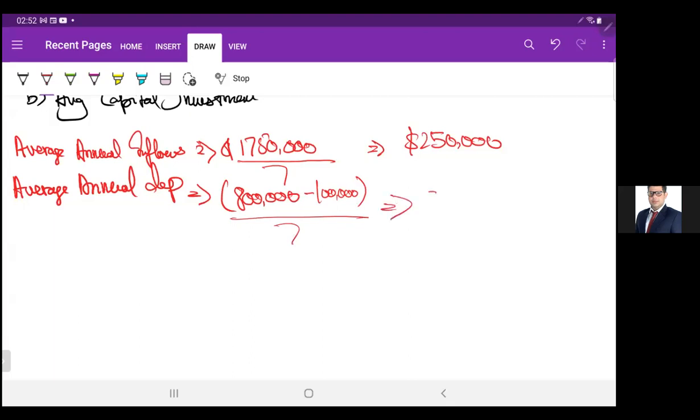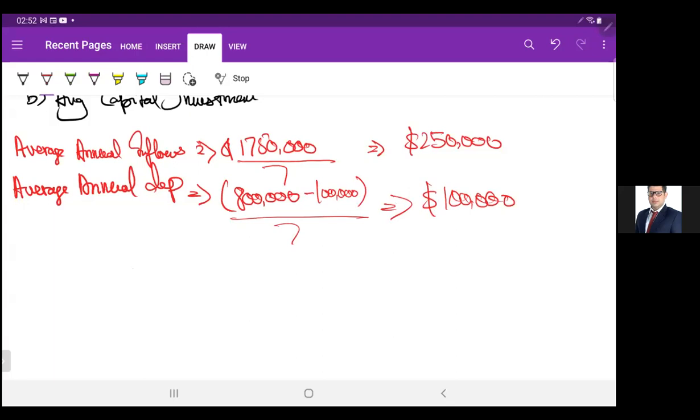We will get 100,000. So a net $700,000 is being written off as depreciation over these 7 years.